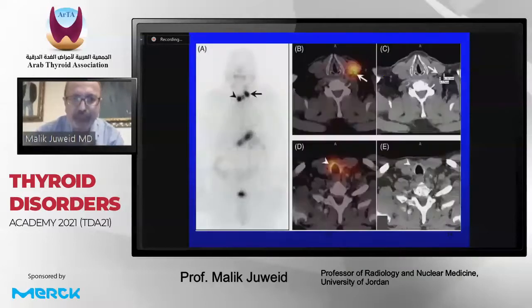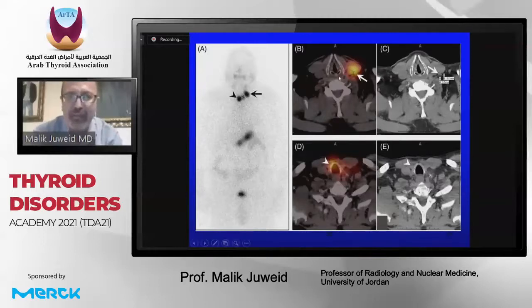This is an example of a patient here who has papillary thyroid cancer, had small lymph node metastases that were resected, and nobody thought that he would have any metastases after the thyroidectomy and central lymph node dissection. Yet we see here the residual thyroid tissue, and higher up and laterally we see what looks like a lymph node. This is a SPECT-CT scan.